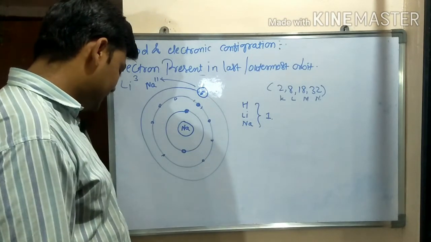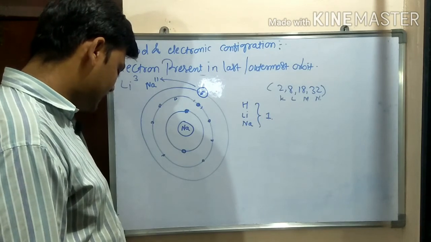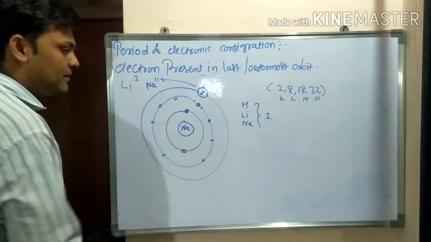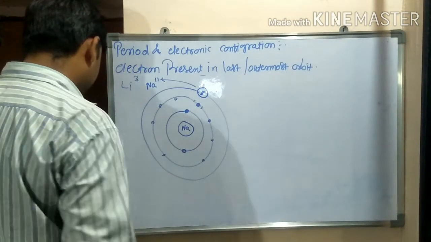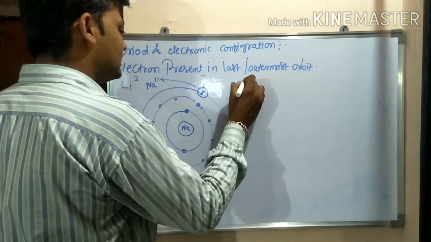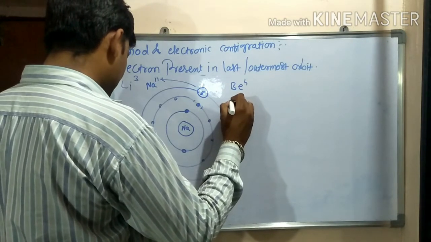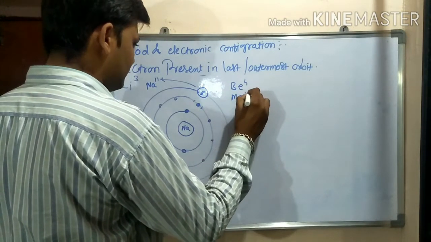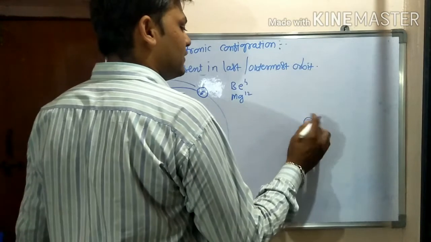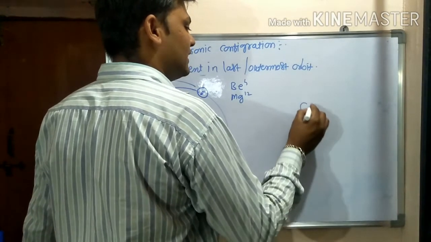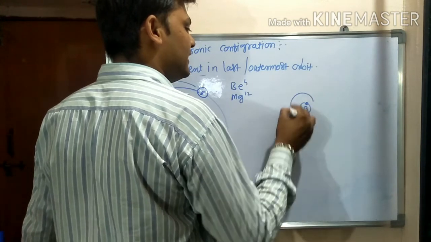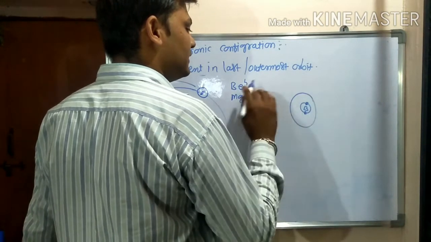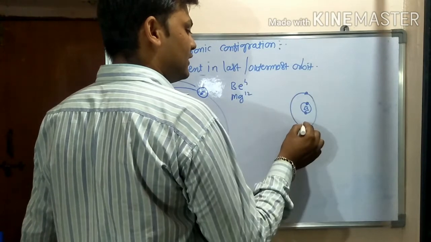Next, if we take another example, that is beryllium and magnesium. To calculate, we take beryllium as 4 and magnesium as 12. First we are going to calculate beryllium. In the first orbit 2 electrons are there, in the second orbit we'll place the remaining 2 electrons like this.